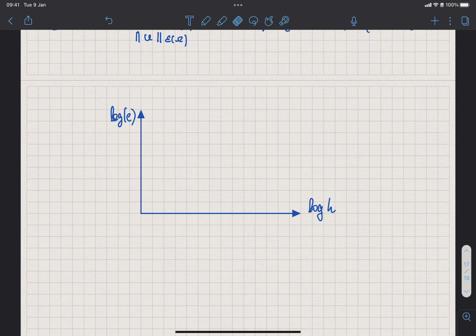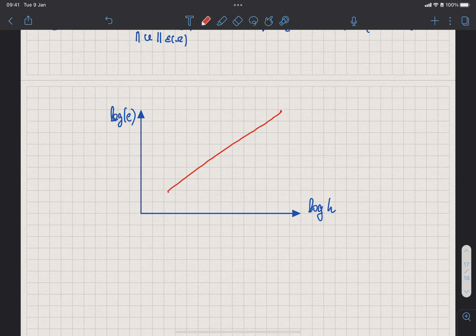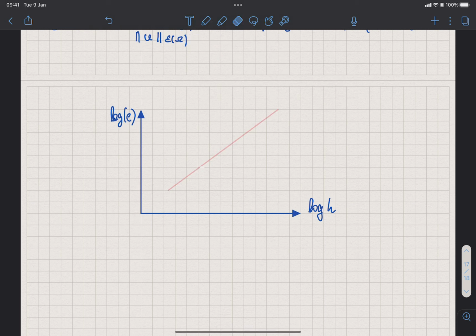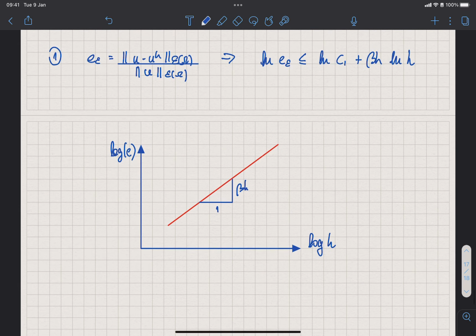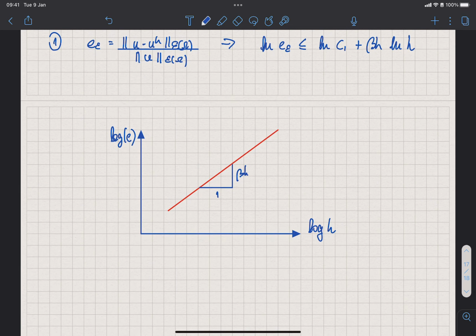So now that curve for h-FEM, and I think we used red for h-FEM, is going to look something like this. That is beta h. So that is our first curve.